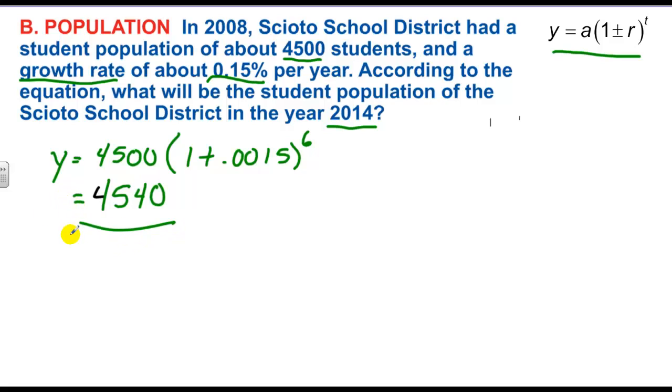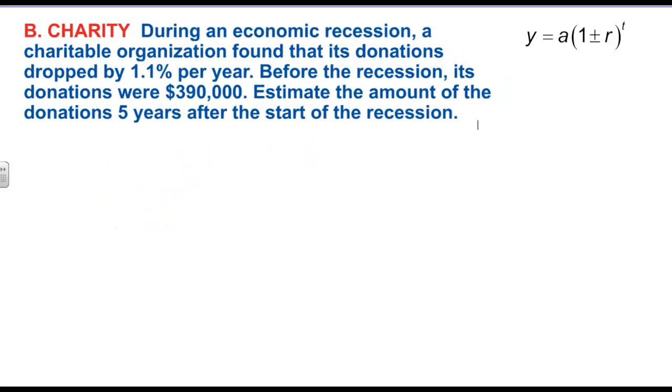Again, we use this formula because it's a growth and because there's no compound interest. Moving to the next problem, we read that you've got a recession and the charity found that its donations dropped by a specific percentage. So there's a rate. For the recession, we had donations of 390,000, and we want to estimate the donations after 5 years.